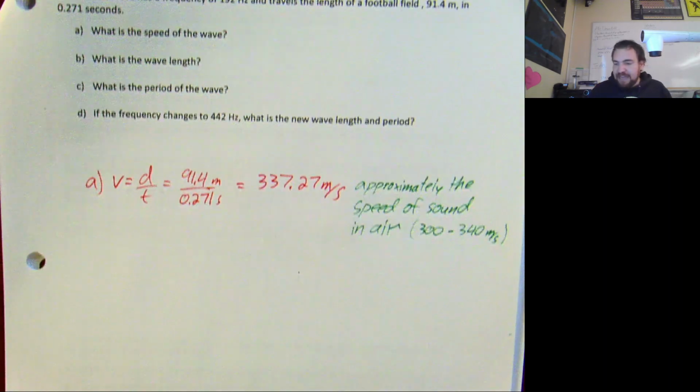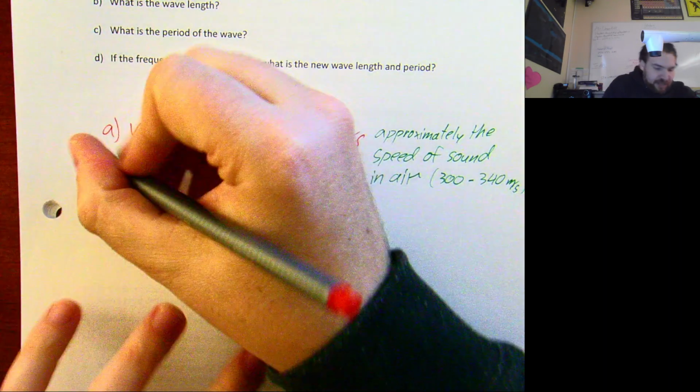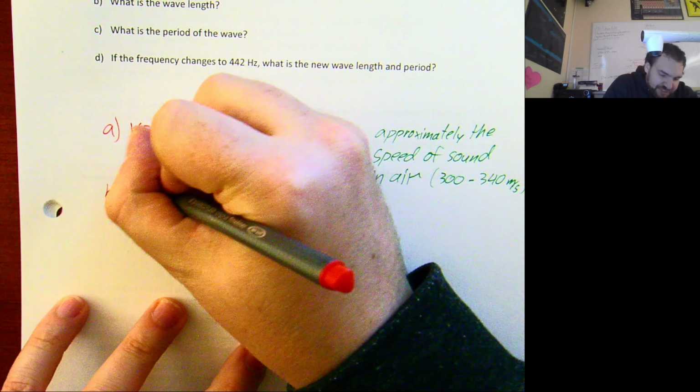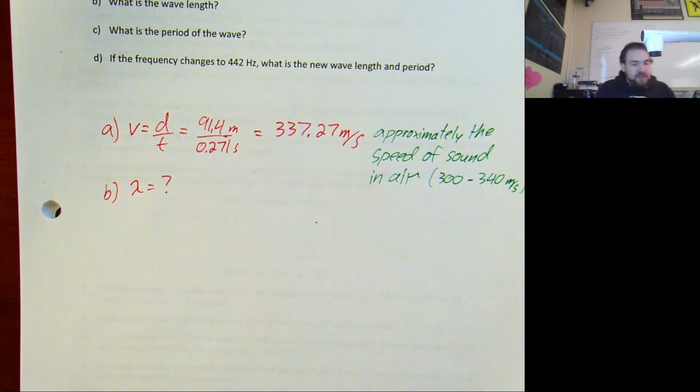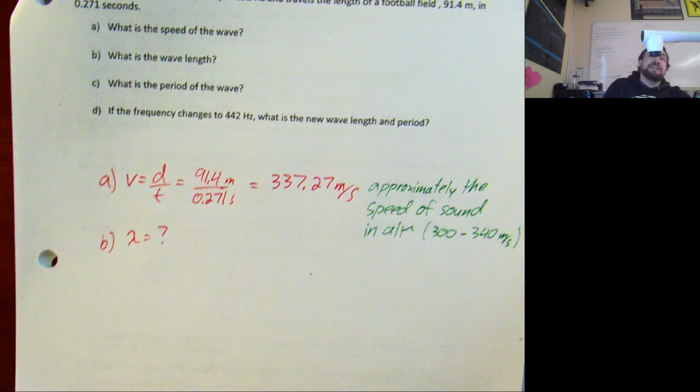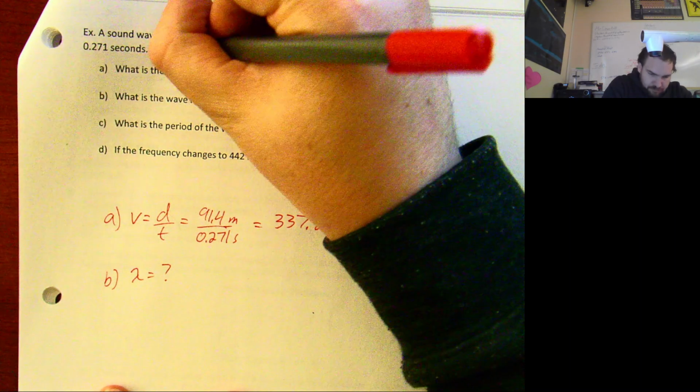What is the wavelength of that pulse? So what we want to find here is wavelength, which is lambda. What information do we have? What equation can we use to find the wavelength? Well, we have the frequency. Frequency is 192.